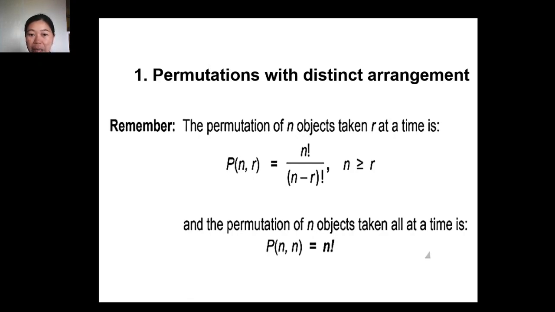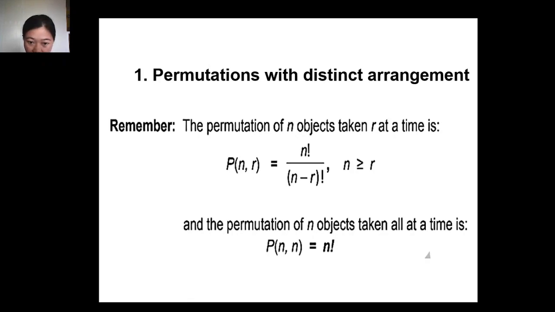So, remember that the given object must be greater than or equal to r. So, hindi pwedeng ang r ay mas mataas kaysa sa n. So, pwedeng equal or less than yung r dun sa n. Kasi pagka naging equal na ang r at saka ang n, ang ibig sabihin nun, n objects taken all at a time na.